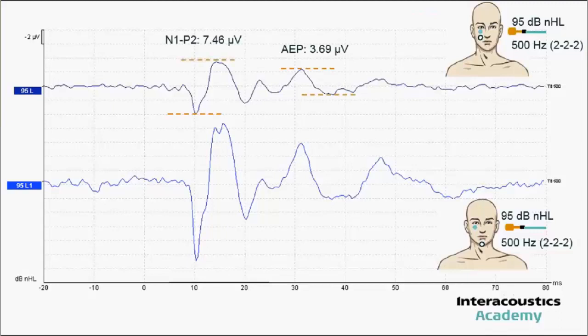So here we can see the actual amplitude of the response of interest, the N1 response there, and then the P at the sort of 15 milliseconds or so. That peak-to-peak amplitude is near enough 7.5 microvolts, whereas the auditory evoked potential is somewhere around 3.5 microvolts. Where if we just have a look at similarly the effect here, so the response is more than doubled, the noise is roughly doubled.